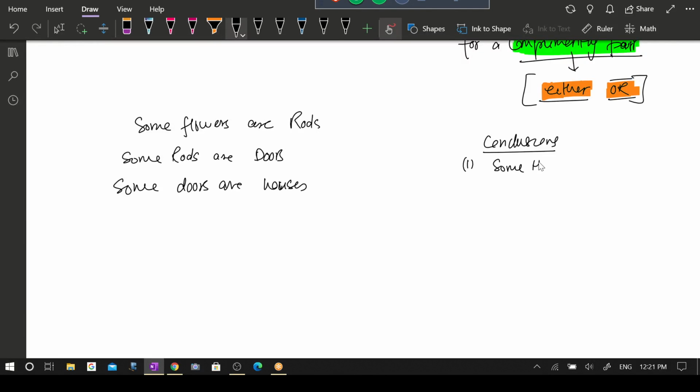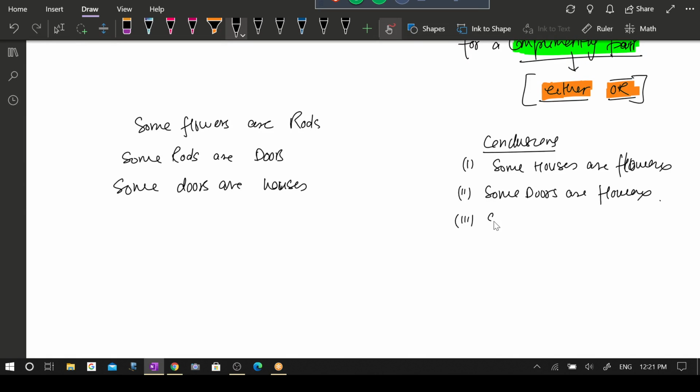First, some houses are flowers. Guys, I cannot put a shortcut. Great, guys. Second, some doors are flowers.